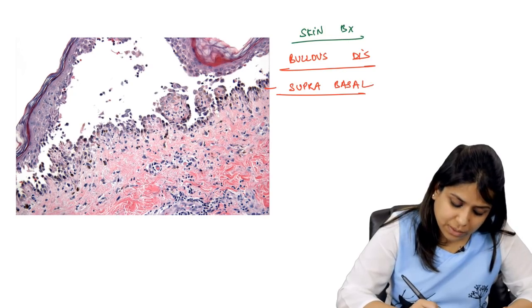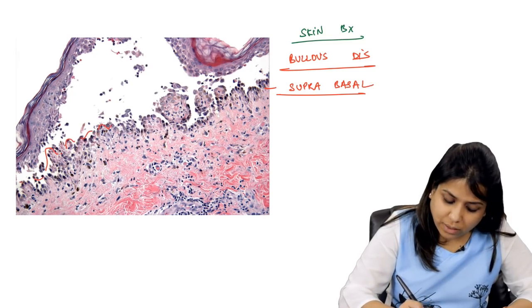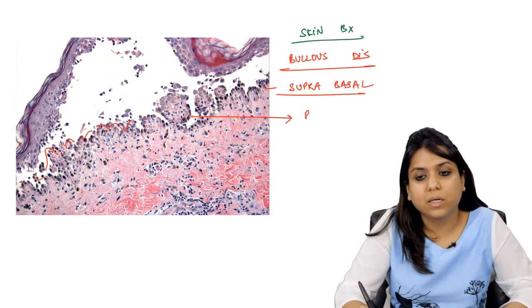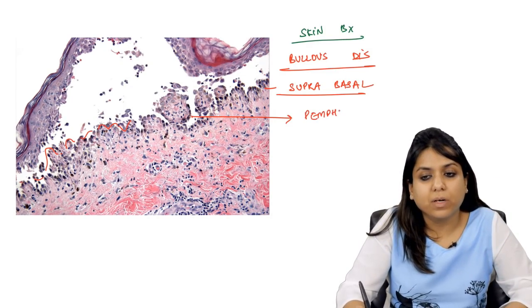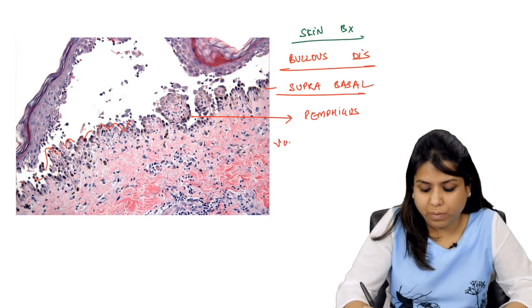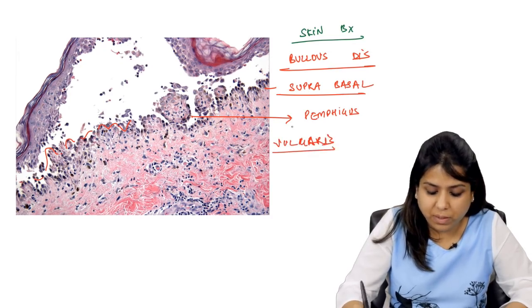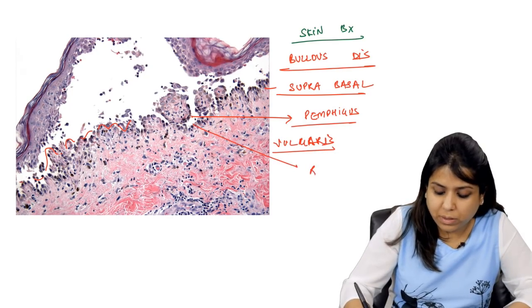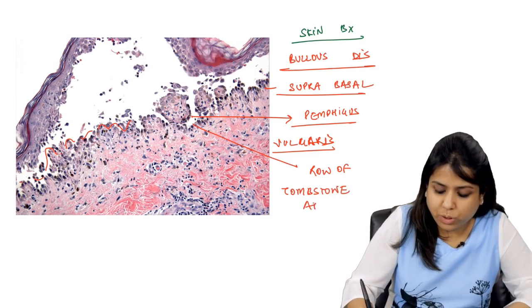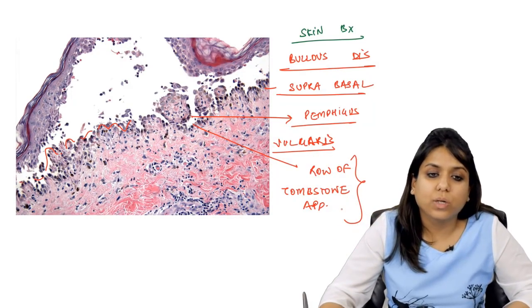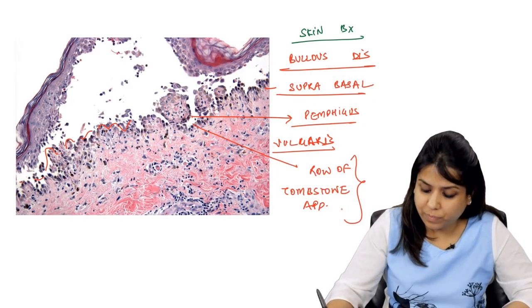This suprabasal bulla is characteristically seen in pemphigus vulgaris, and this appearance, students, is called a row of tombstone appearance. It looks like a row of tombstones.